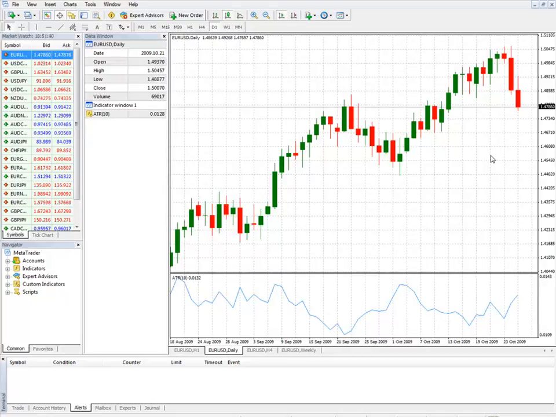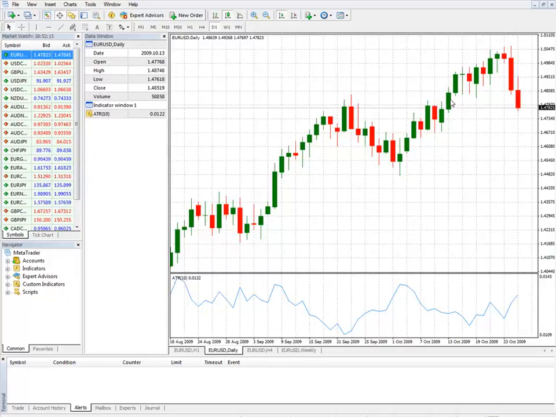So for instance, if we are trading a daily system and the system has a stop loss of 100 pips, then we quite obviously can't use a standard contract for that, because that 100 pip risk that we're taking would end up being 100 times the $10 per full-size pip.